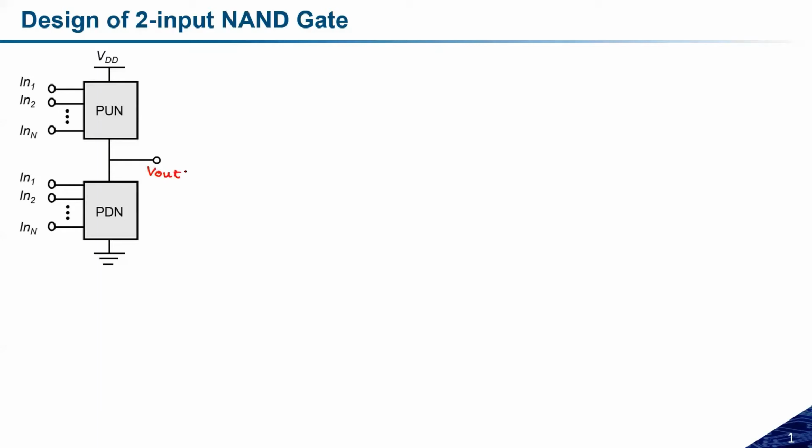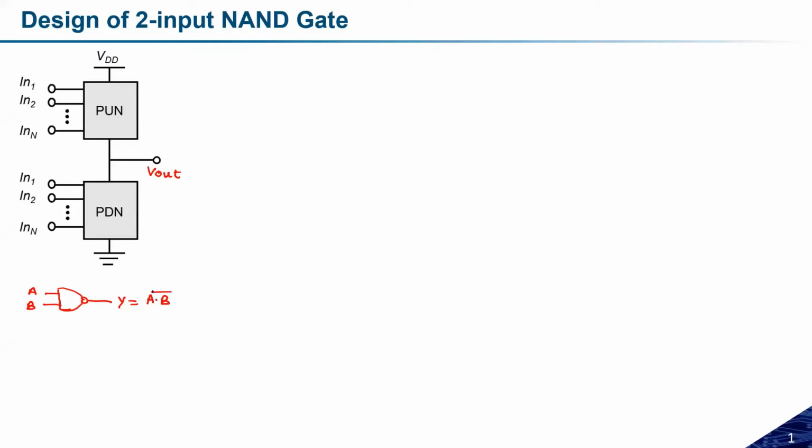Because our objective is to design the 2-input NAND gate, what is the first step? We know that the NAND gate looks like this. If I have two inputs, let us say A and B, the output Y is nothing but A dot B complement.